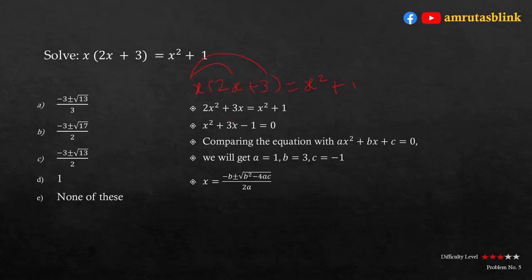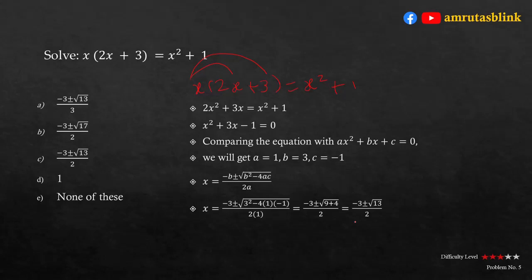Now from the formula x is equal to minus b plus or minus root of b square minus 4ac upon 2a, we will calculate the value of x, that is x is equal to minus 3 plus or minus root of 3 square minus 4 into 1 into minus 1 upon 2 into 1, that is minus 3 plus or minus root of 9 plus 4 upon 2. So minus 3 plus or minus under root 13 upon 2.